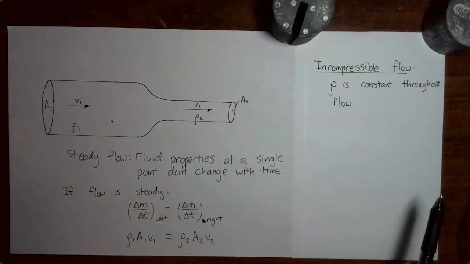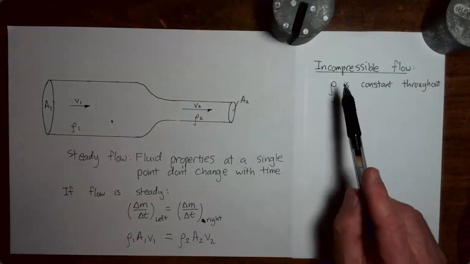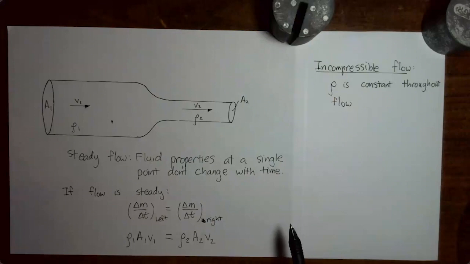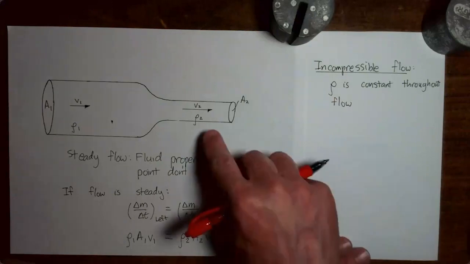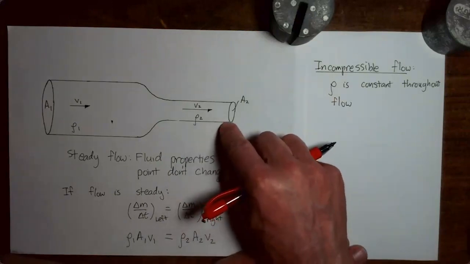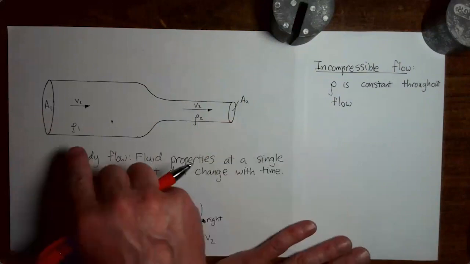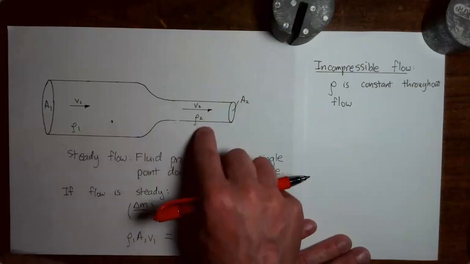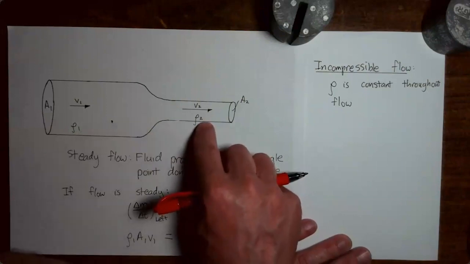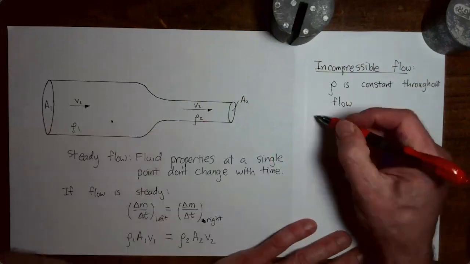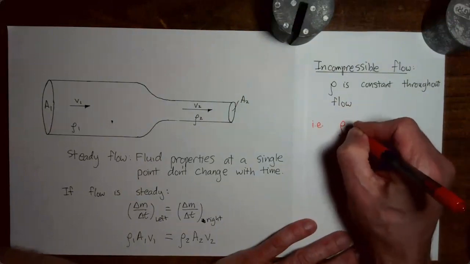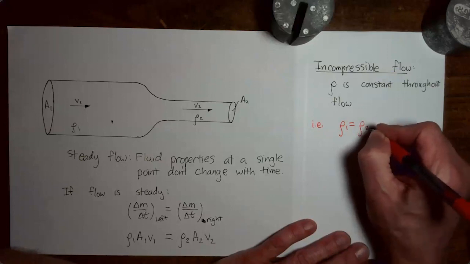The assumption of incompressible flow basically says that the density is the same everywhere throughout the flow. So if the flow depicted in this figure is incompressible, then the density on the left, rho 1, must equal the density on the right, rho 2. So the assumption of incompressible flow means for our scenario that rho 1 equals rho 2.